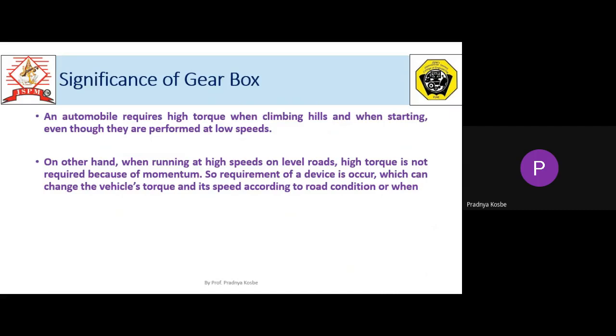Then, if the vehicle is running at high speed on level roads, high torque is not required because of constant momentum.